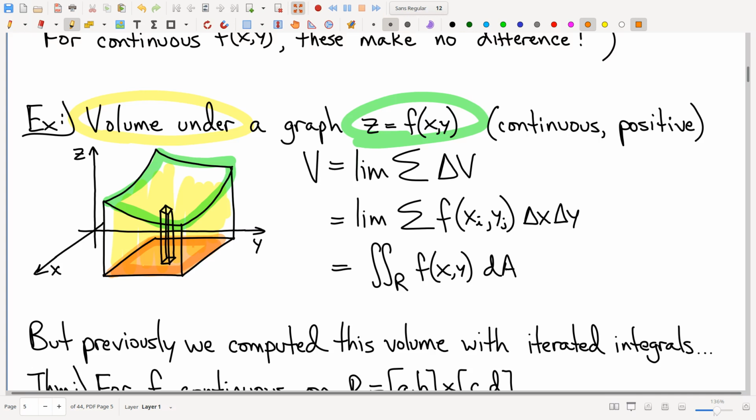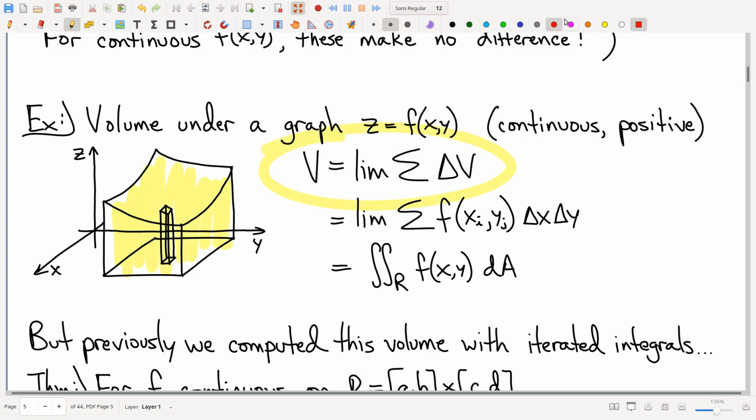And I argue that I can think of the whole of the volume as being a sum of a bunch of little pieces of volume. So, a bunch of little pieces of volume. Now this is a geometric appeal. Right?